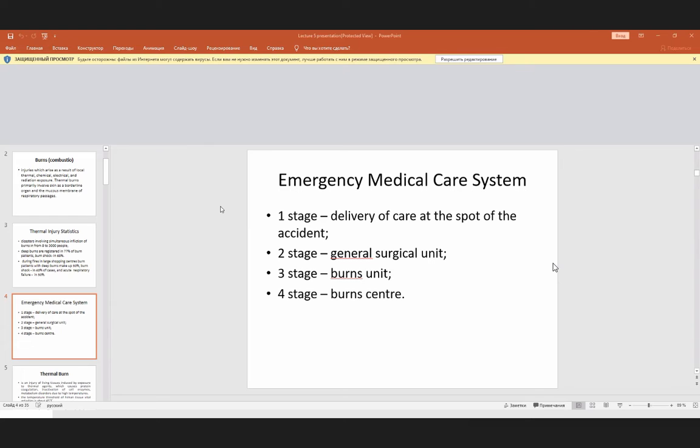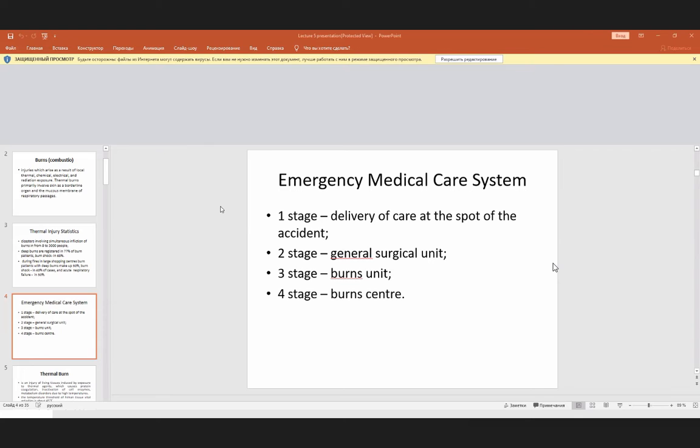The initial phase, exudation and inflammation, infiltration, 7 to 10 days. It is followed by the phase of demarcation and rejection of necrotic tissue, 2 to 3 weeks.